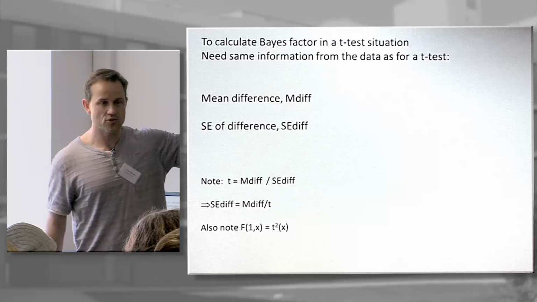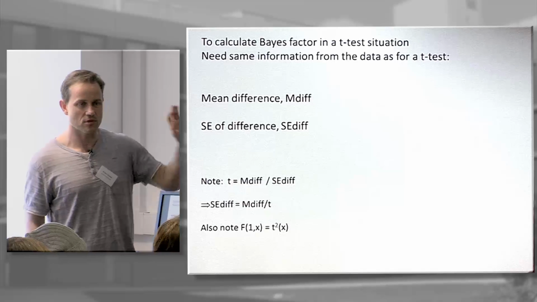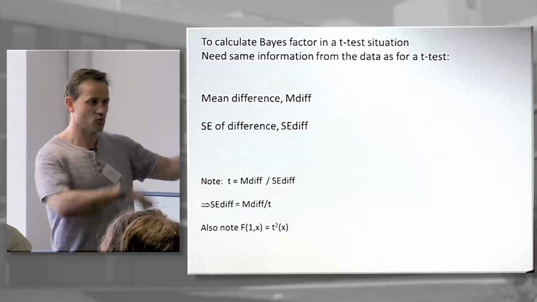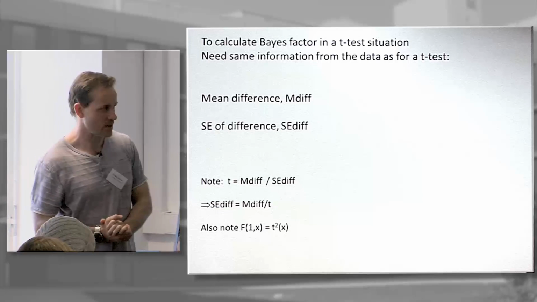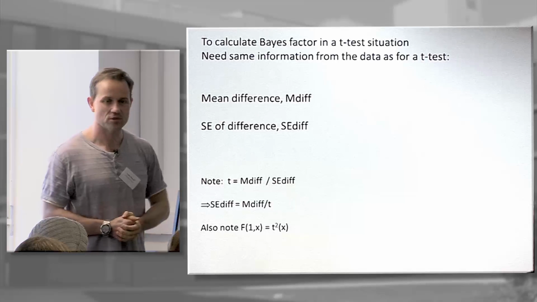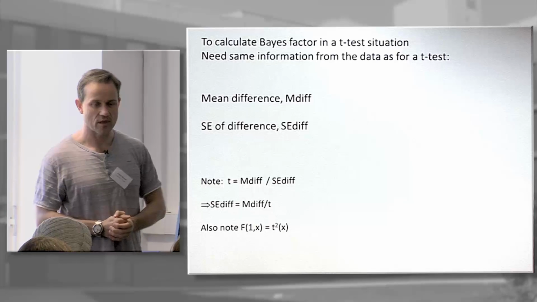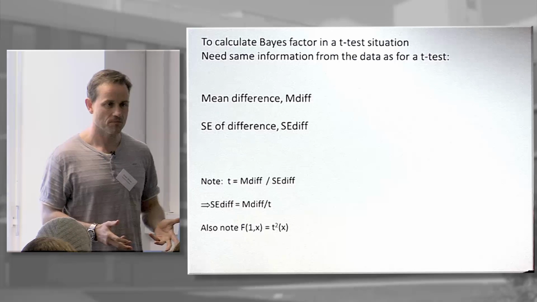Now, the mean difference you can get easily enough from whatever software you use. You just look at the difference in condition 1, the mean in condition 1, the mean in condition 2, and you take the difference. So you can get that. But now you need to know the right standard error of difference for that mean. How do you find that? Well, get your SPSS, Excel, or whatever you use to do a t-test.